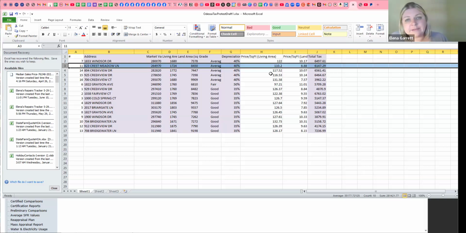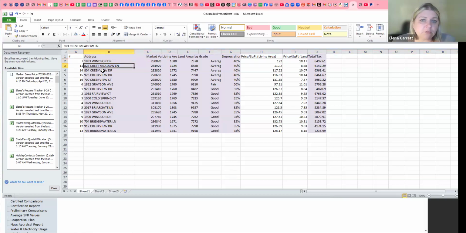And you say, okay, that is as far as my improvements go. But also, I think you're overcharging me for land as well. Noted that my land came in at $12 per square foot. And I'll say, I want to understand why my land is considered to be $12 per square foot when my neighbors on Windsor, on Crest Meadow, and on Creekview are paying no more than 10.